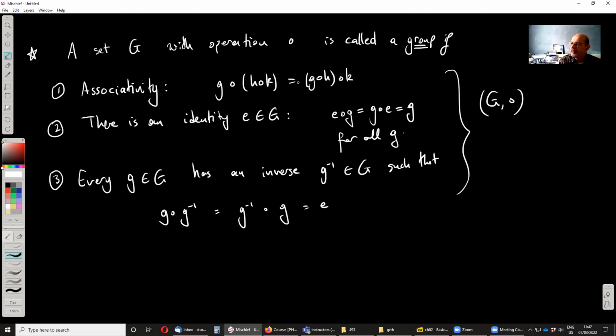There are things like non-associative algebras, like the Lie algebras, in which case this property is not satisfied, but these are actually quite different kinds of objects. In any case, we have associativity. There's a certain element that we call the identity, which doesn't change the element.